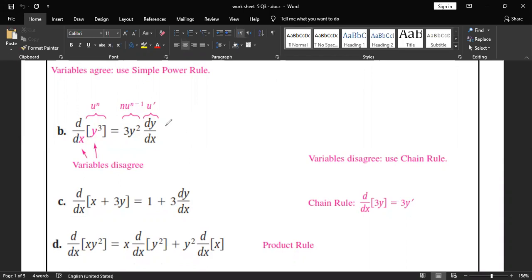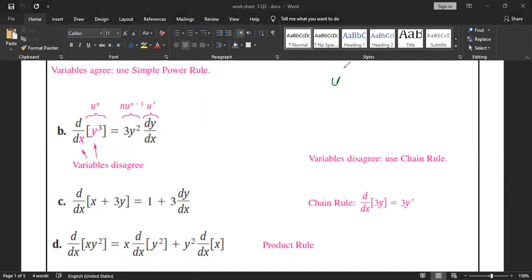In this case, I will apply the general power rule. As you know, for a bracket raised to power n, the derivative equals n u to the n minus 1 multiplied by u prime.